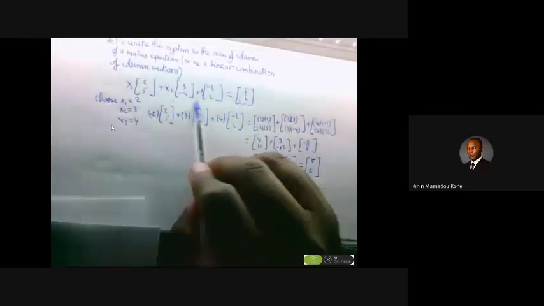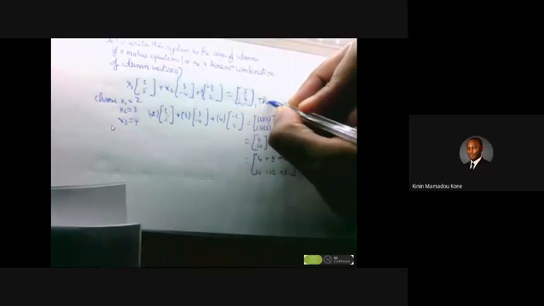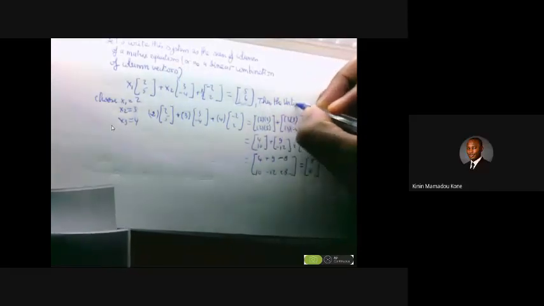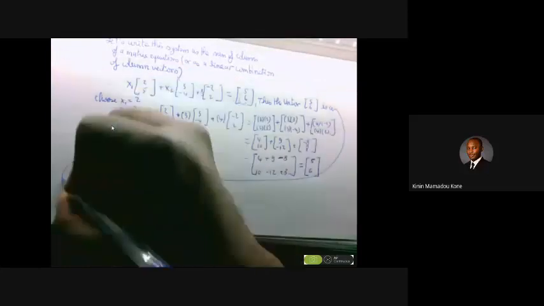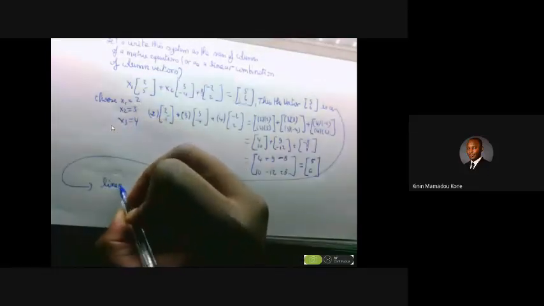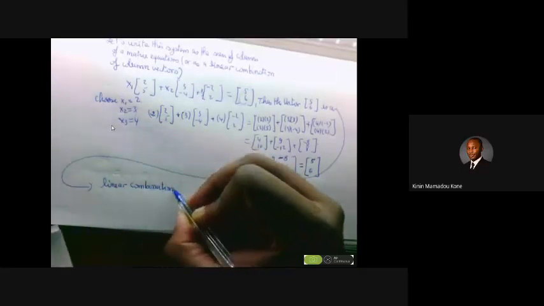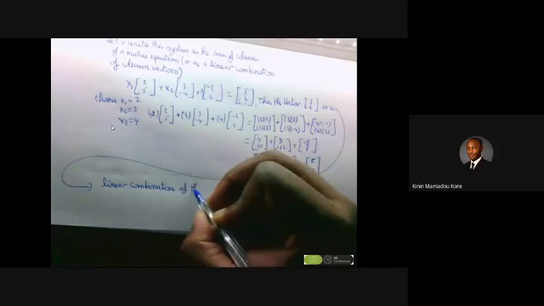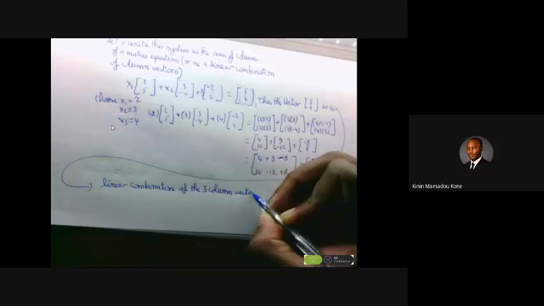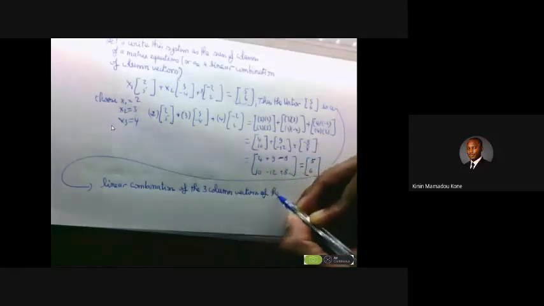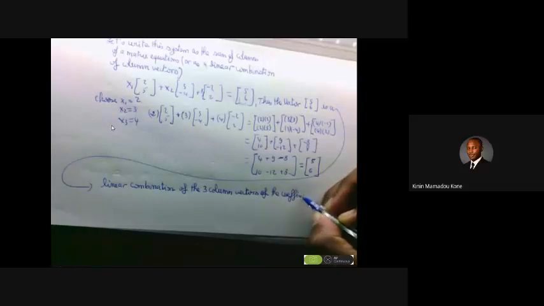Thus the vector (5, 6) is a linear combination of the 3 column vectors of the coefficient matrix.